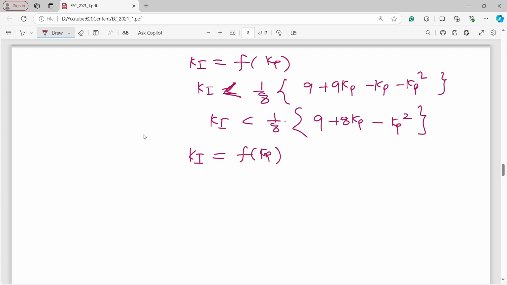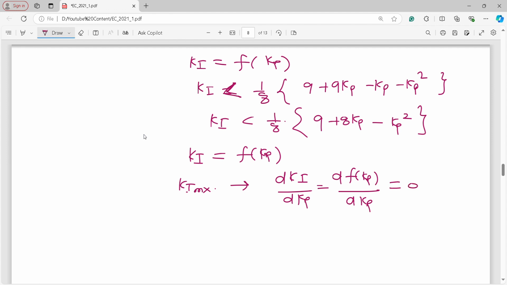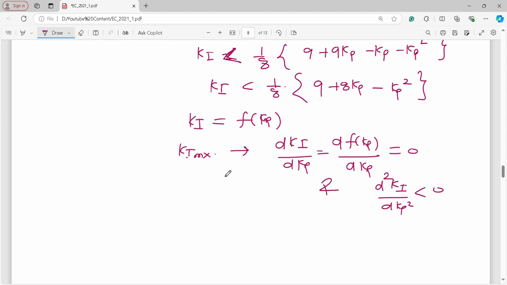So for ki to be maximum, it is only possible when the derivative of ki with respect to kp is equal to 0 and the double derivative is less than 0. Then only we can say our ki value would be maximum.